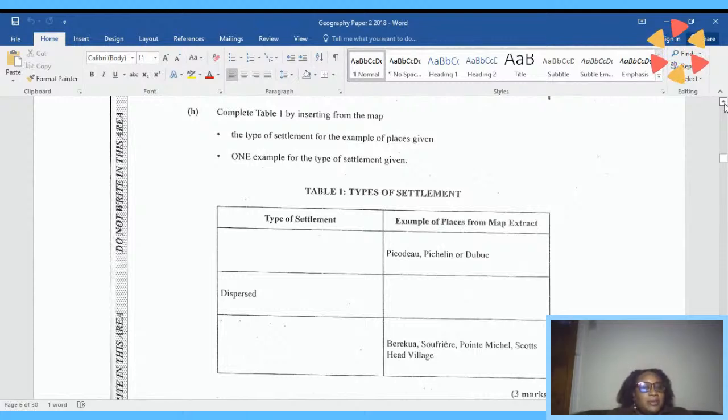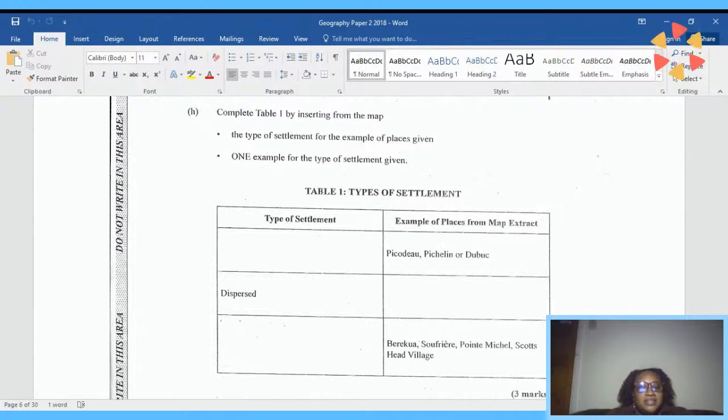What I want you all to do is probably take a picture of it so that you all can answer it when I show you all the map. So you have to copy the table, complete the table by inserting from the map the type of settlement for the example of places given, one example for the type of settlement given. So we're gonna look for Picadura, Pitchland on the map. Then you got to find one area that is dispersed on the map, and then Burica.